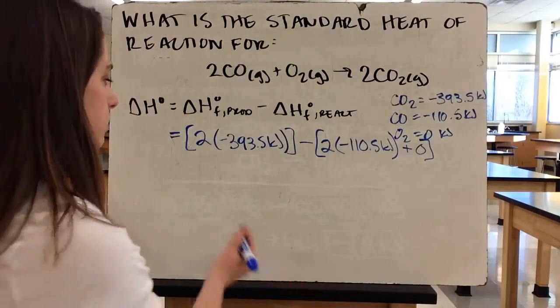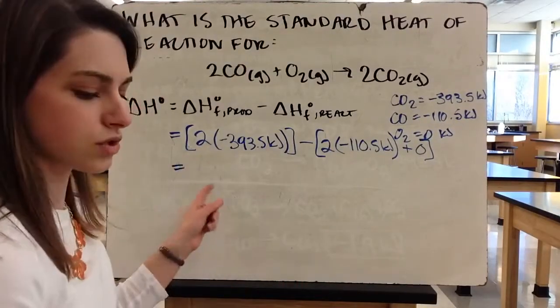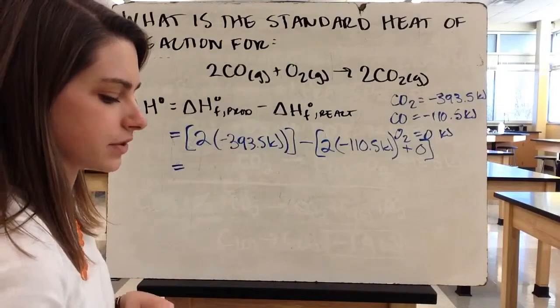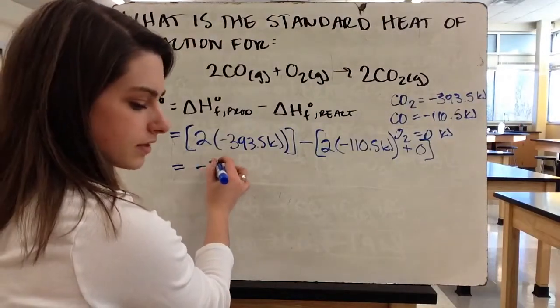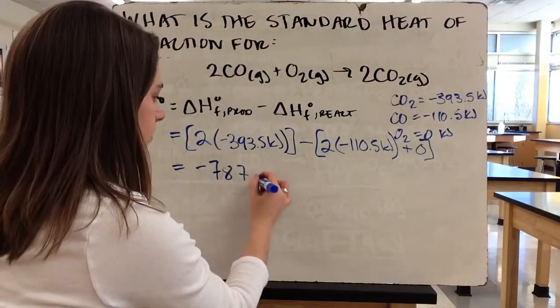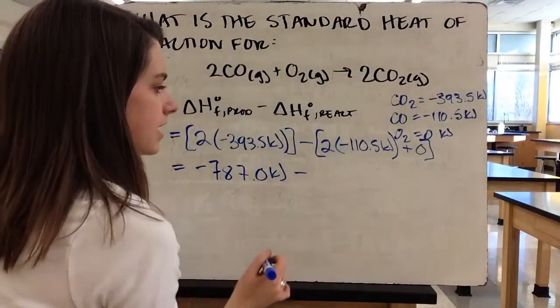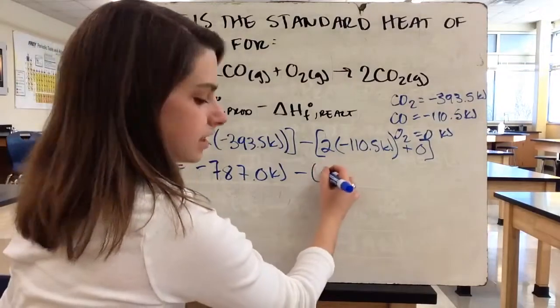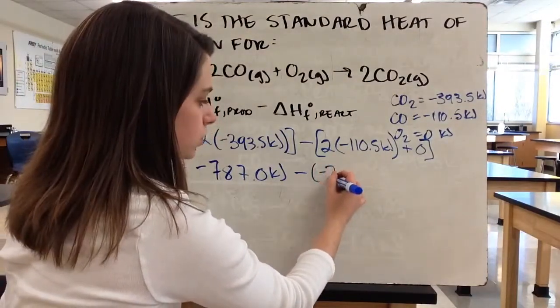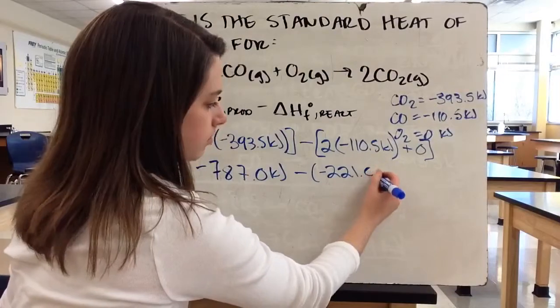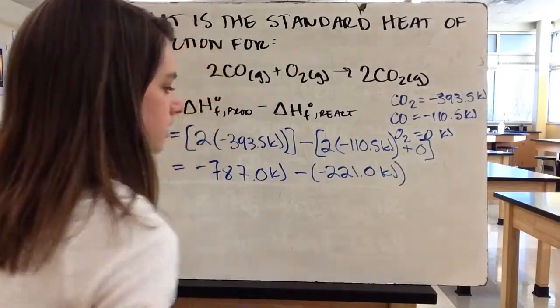So now all I have to do is do the math. 2 times negative 393.5 gets me negative 787.0 kilojoules. And then 2 times negative 110.5 gets me negative 221.0 kilojoules of energy.